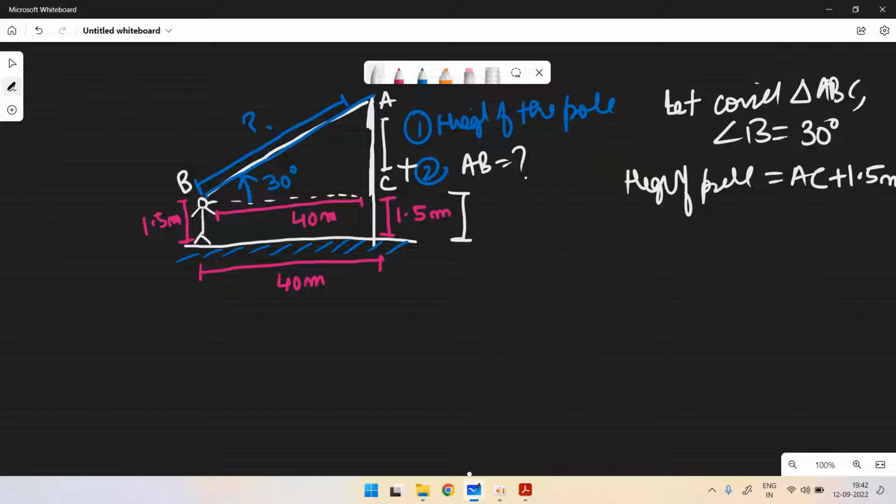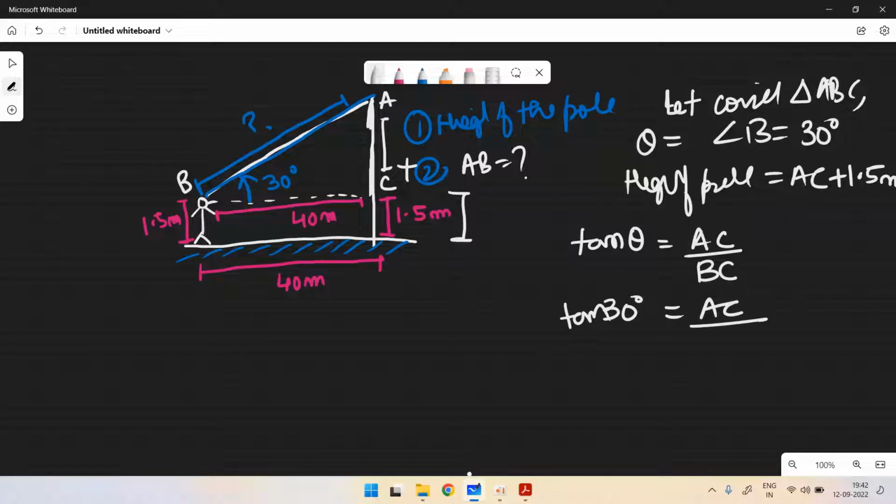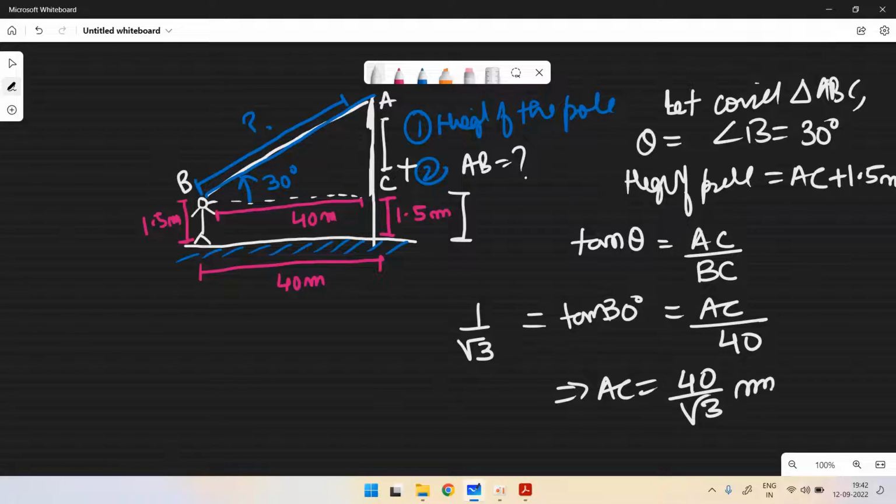If you apply tan of theta, where theta is angle B, tan theta is given as AC by BC. This is perpendicular by base. Theta is angle B, which is 30 degrees. So tan 30 degrees is equal to AC, which you don't know, over BC, which is given to be 40. You know that tan 30 is 1 by root 3, which implies that the value of AC is nothing but 40 by root 3 meters.